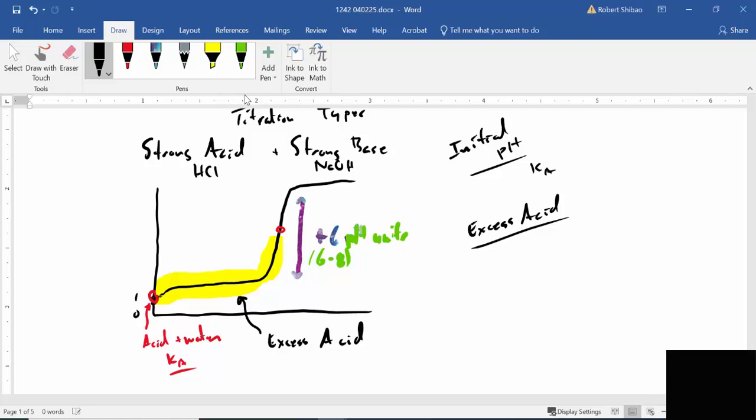In the excess acid region, we like to do ICE tables like this. So we'll have sodium hydroxide, and sodium hydroxide is going to be our limiting reagent, LR, here. What we're going to form from this is salt and water, sodium chloride and H2O.